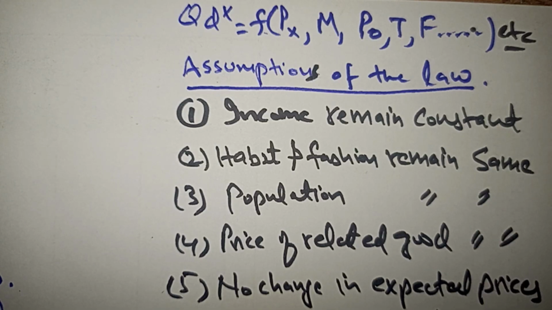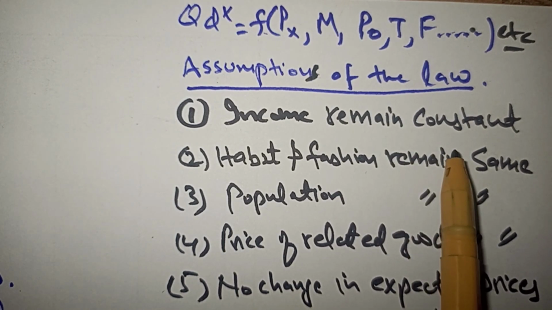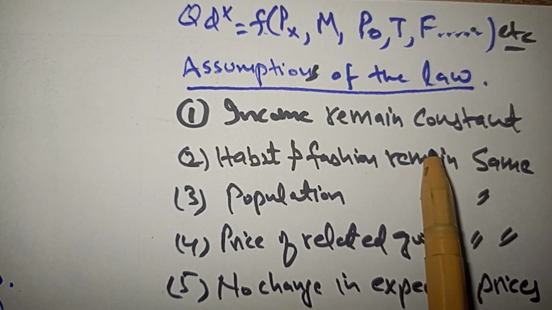The first assumption of the law is the income of the consumer. The income of the consumer remains constant or the same.